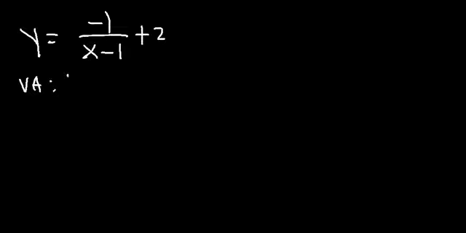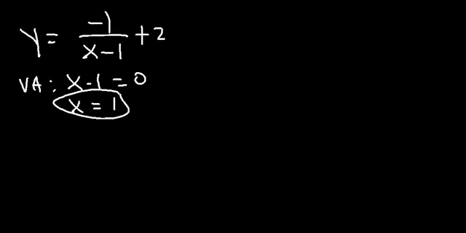Now let's say we have a negative value. Let's say y is equal to negative 1 over x minus 1, plus 2. So the vertical asymptote, if you set x minus 1 equal to 0, x is equal to 1. The horizontal asymptote is going to be y equals 2, based on this number.